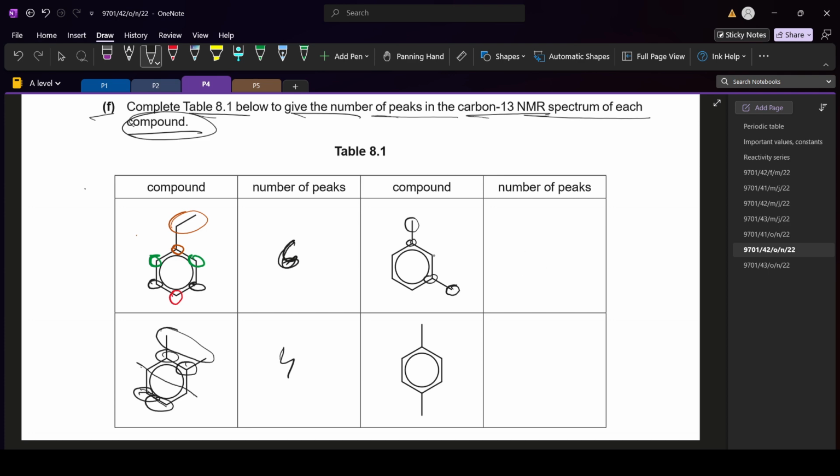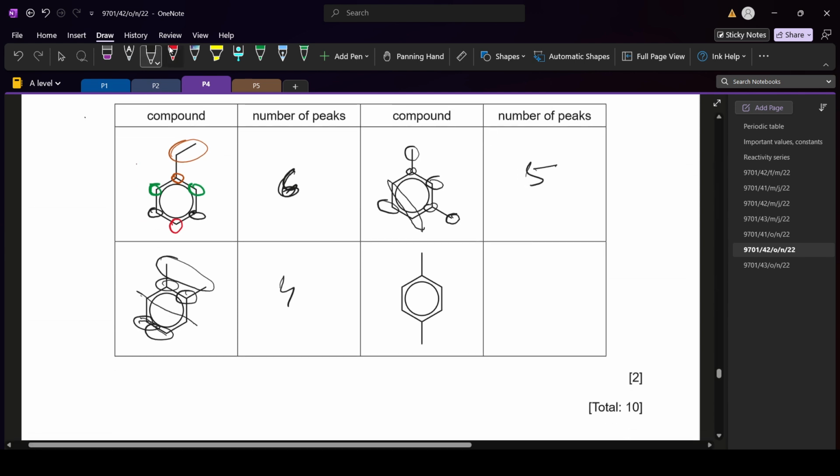Two environments, then 3, 4, 5, so five peaks will be shown. Now for this compound, these four carbons will have the same environment. Then these two carbons will have the same environment, and then these two carbons will have the same environment, so only 3 peaks will be shown.